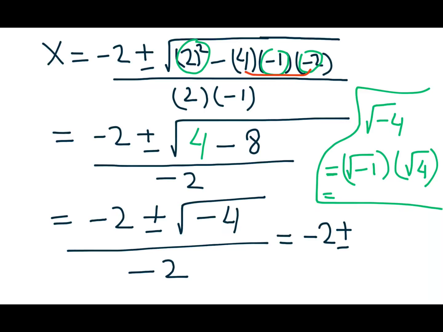So we can write the square root of minus 1 as i, and the square root of 4. In that case, we can write it as the square root of 4 i over minus 2.